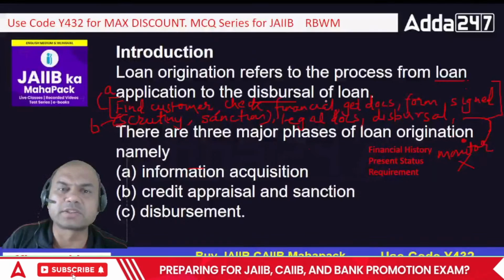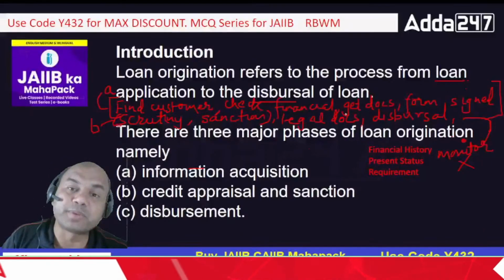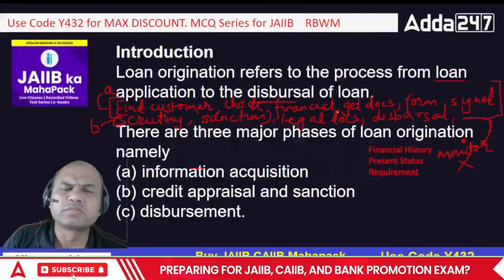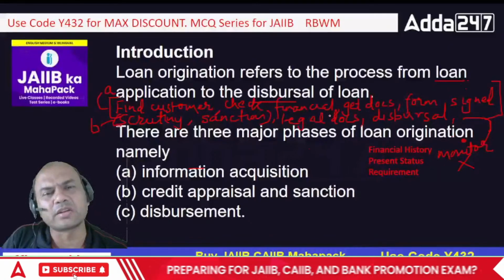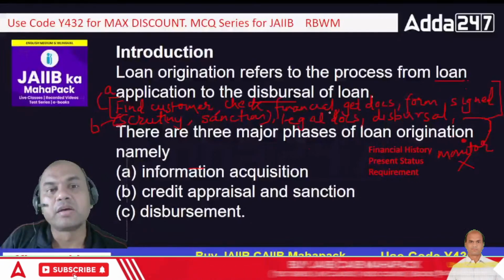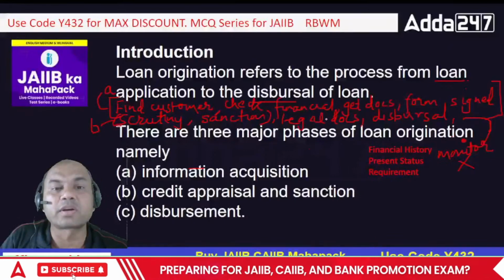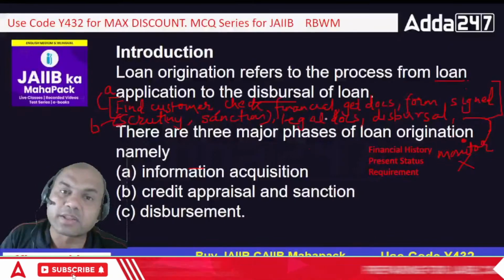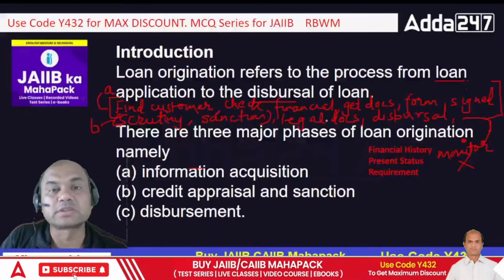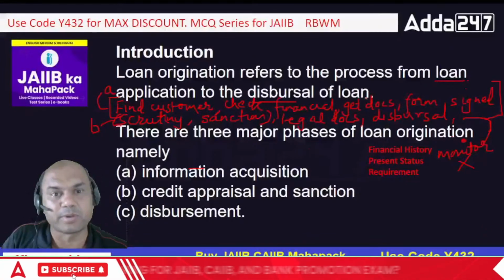If you give them a list of 10 documents, they'll give you 6, 7, 8, and then they expect the banker to say, okay, only 2 documents are not given, so you can definitely sanction it. But when the list of 10 documents was given, all the documents were compulsory and required. That's why the list was given. But customers don't understand that.